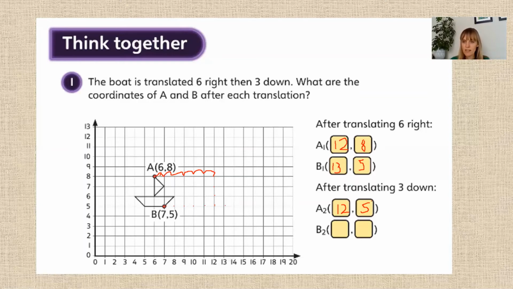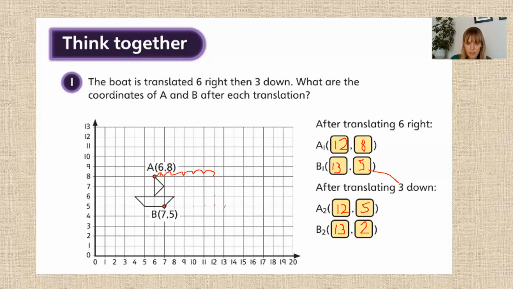Shall we see if we can do it to the next one, see if it works without even using our grid? So here, look, B is 13, 5. So we know that the across value is going to stay the same as 13. Now 5, if we almost think of it like this, it's got to go 3 down. So it's 5 take away 3. 5 take away 3 is 2. So let's check. This was the value here.